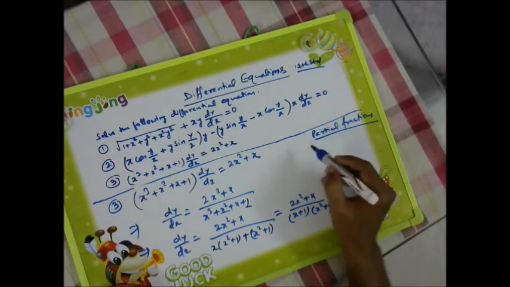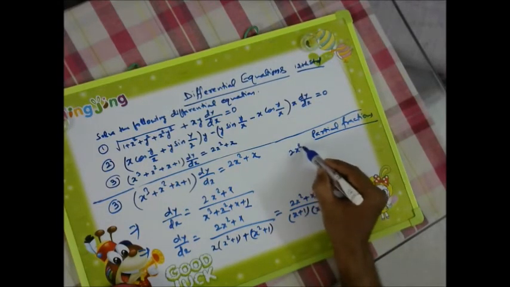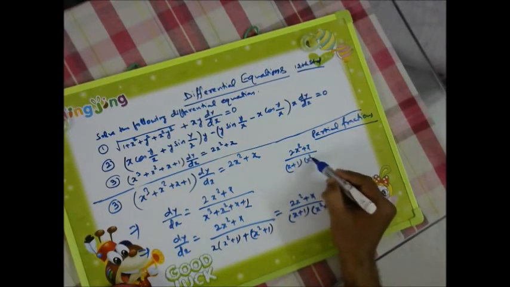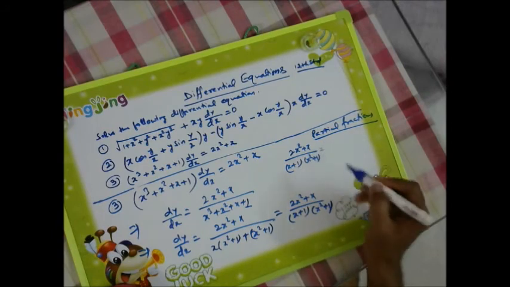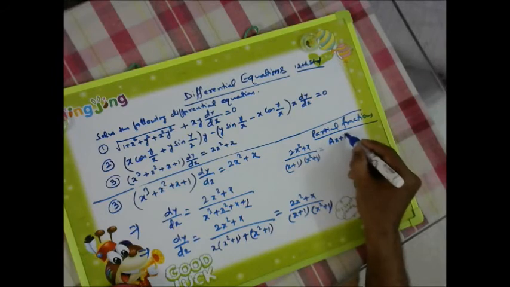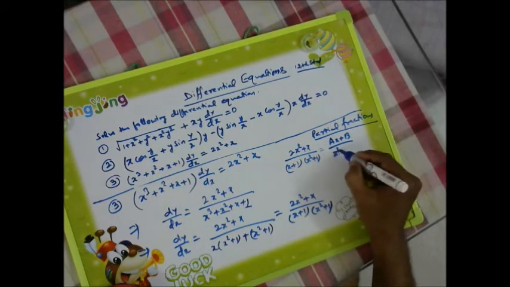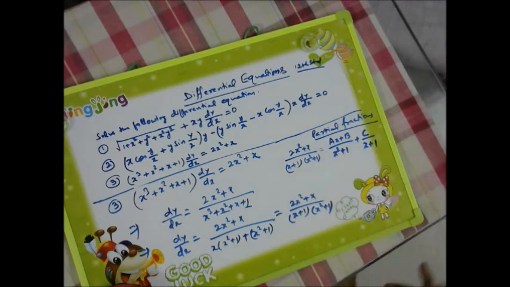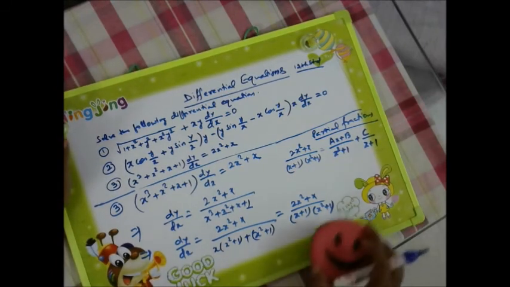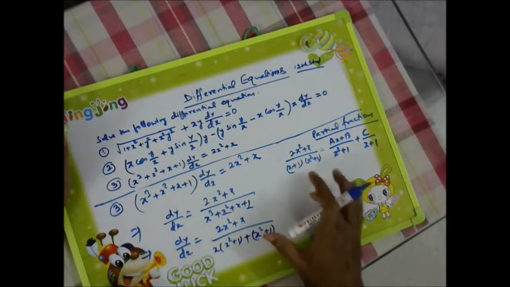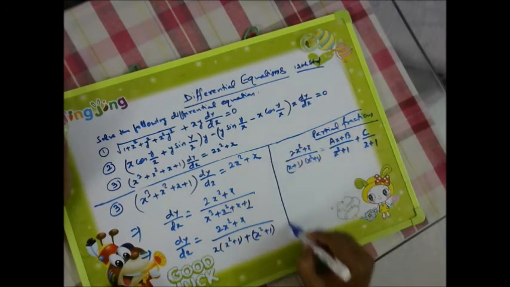Partial fractions. So 2x square plus x by x plus 1 into x square plus 1 is equal to, for x square plus 1 it is a quadratic, so ax plus b by x square plus 1 plus c by x plus 1. Okay, now I am going to rub here.